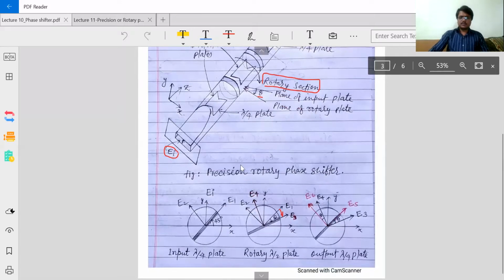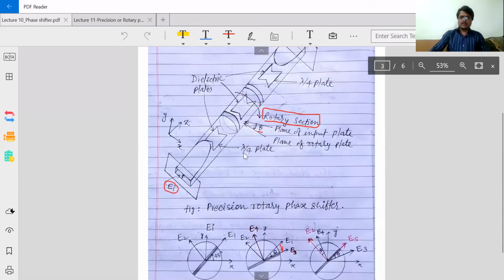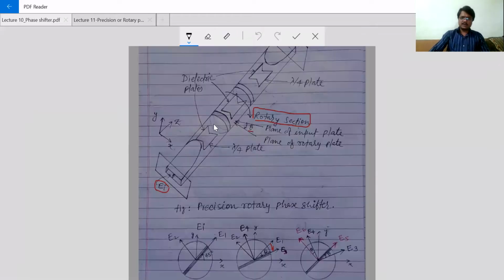Here it is an input lambda by 4 plate, a rotary lambda by 2 plate, and this is the output lambda by 4 plate. Let us suppose I want to divide this electric field in the direction of the plate and perpendicular to it.